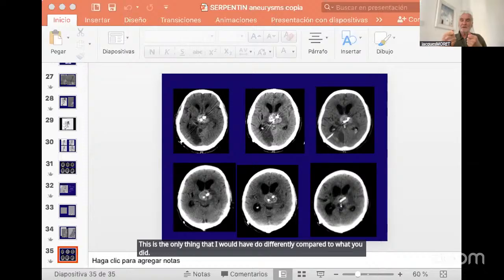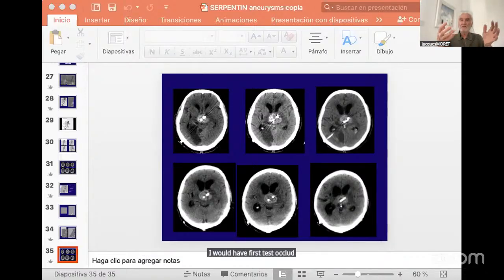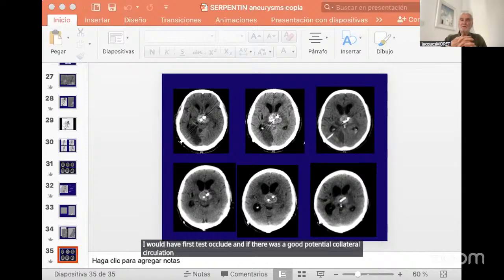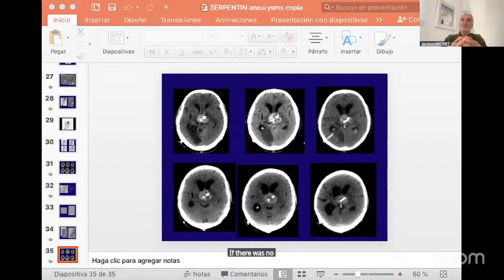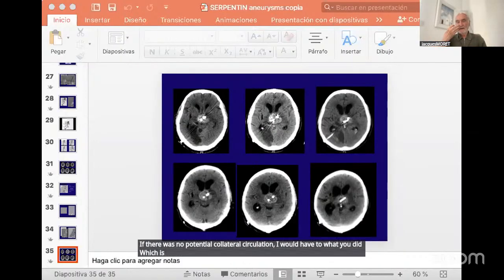I would have first test occluded, and if there was a good potential collateral circulation, I would have privileged the parent vessel occlusion compared to a new stent.